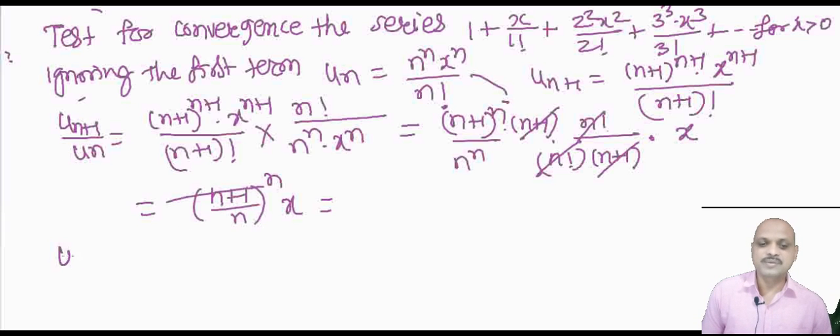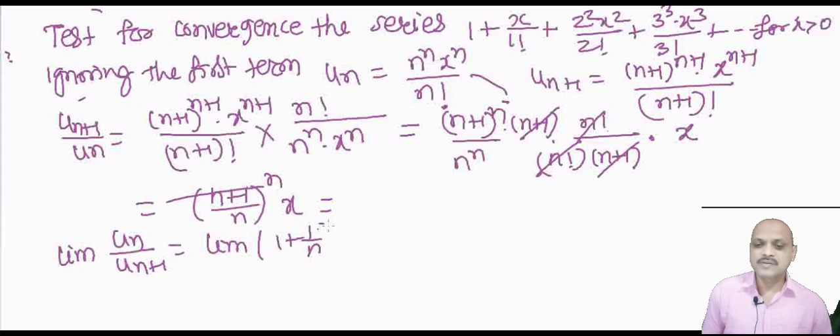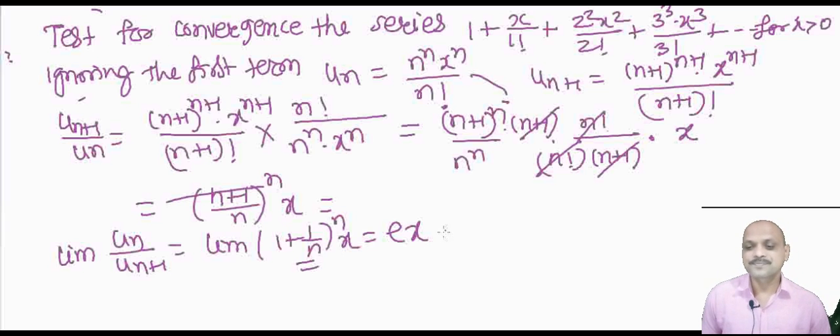If we take the limit of u_n divided by u_(n+1), it equals the limit of (1 plus 1 divided by n) whole raised to n into x, which is nothing but e into x.